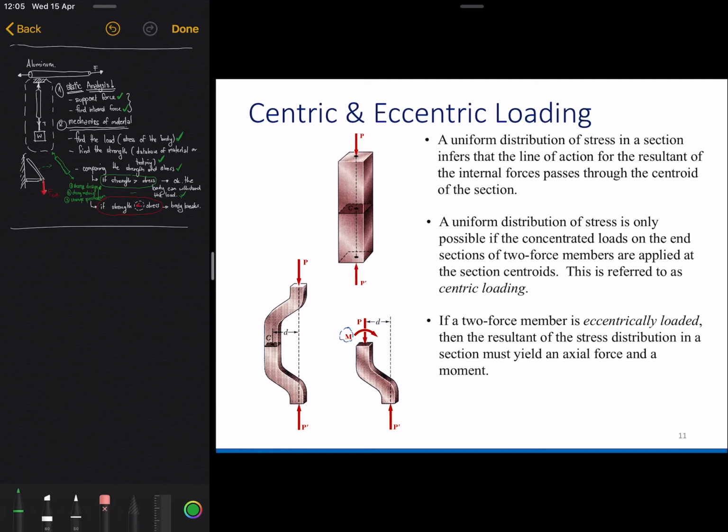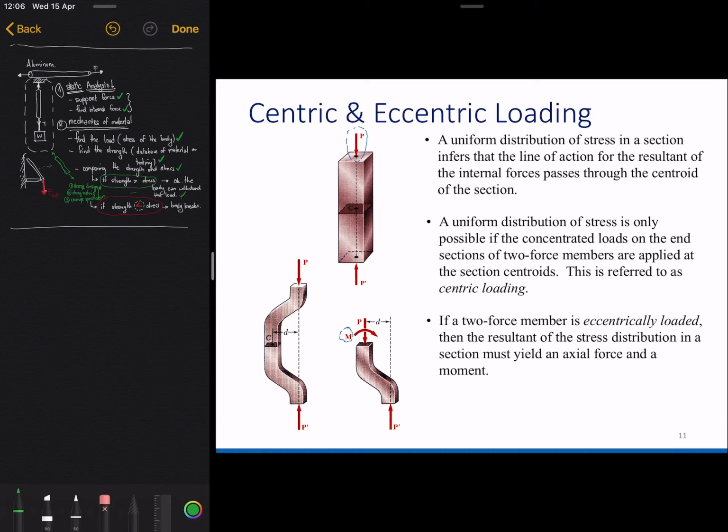So let's read it through. The uniform distribution of stress in the section requires that the line of action for the resultant of the internal force pass through the centroid of the section. So here is the centric case.